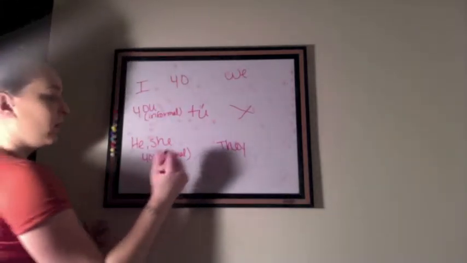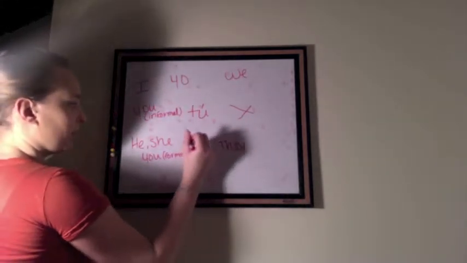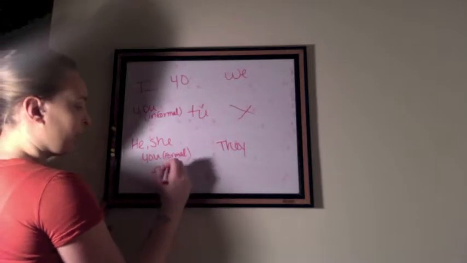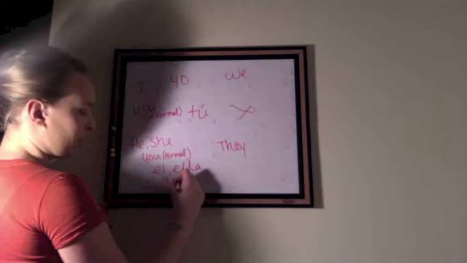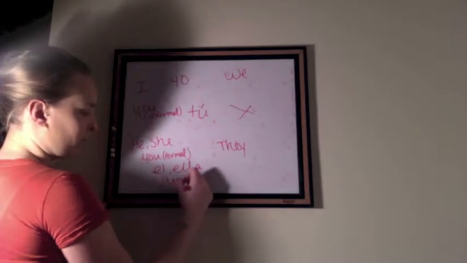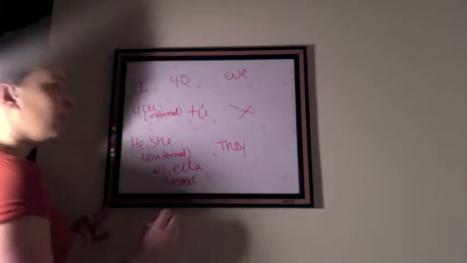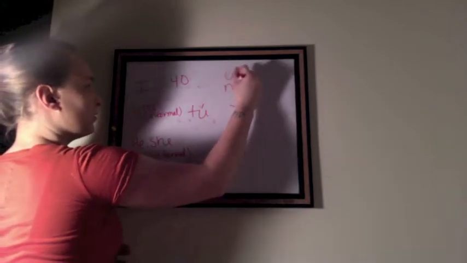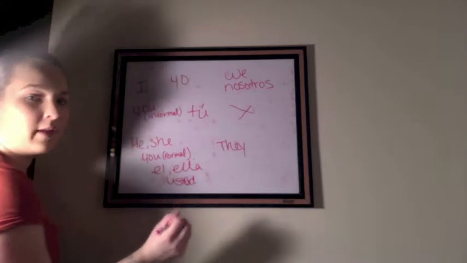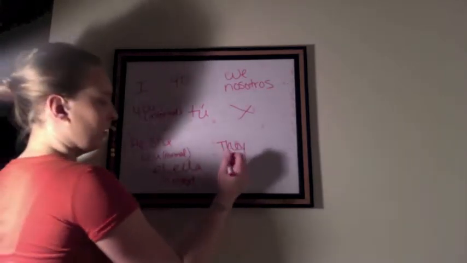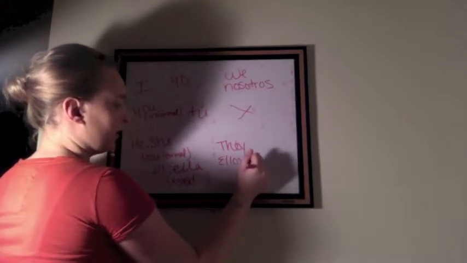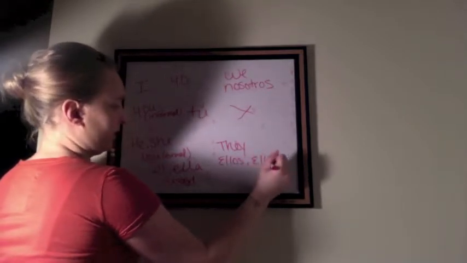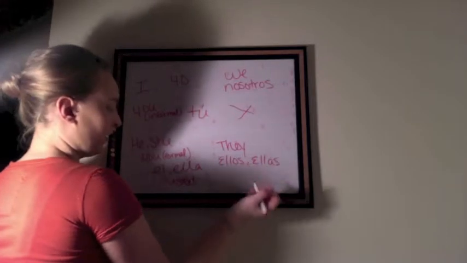And then it's él for he, ella for she, and usted for you. And then we is nosotros, and they, if it's for a mixed group of guys and girls, it's ellos. For girls only, it's ellas. And ustedes.